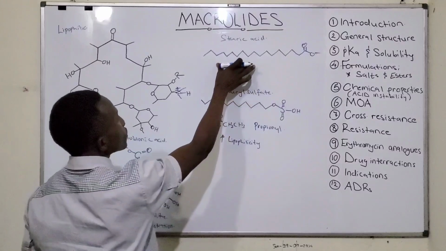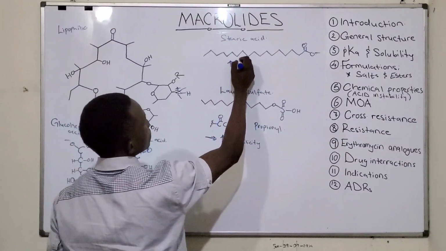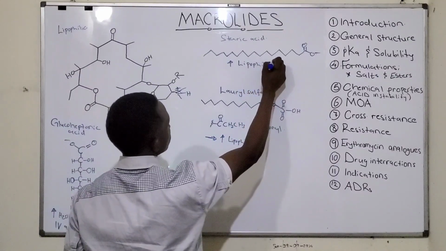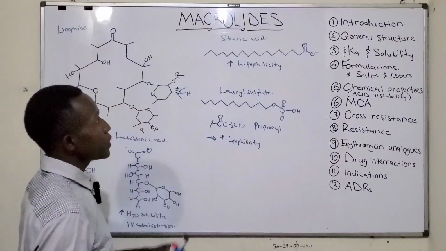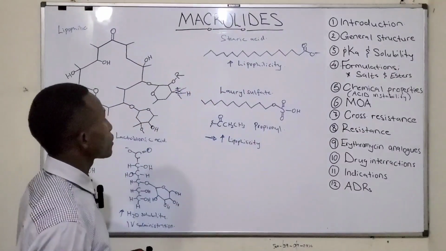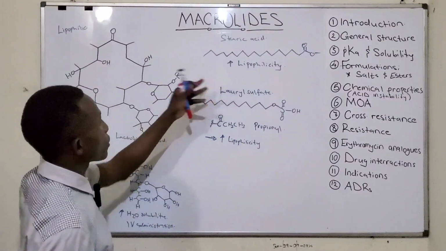So this salt increases the lipid solubility or the lipophilicity. Regardless of the polar group, the drug will be more lipophilic. We are going to see the reasons for making this more lipophilic.